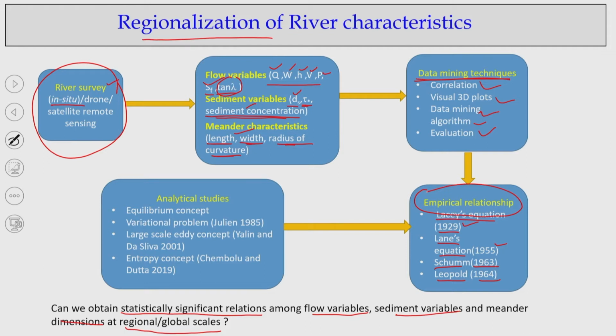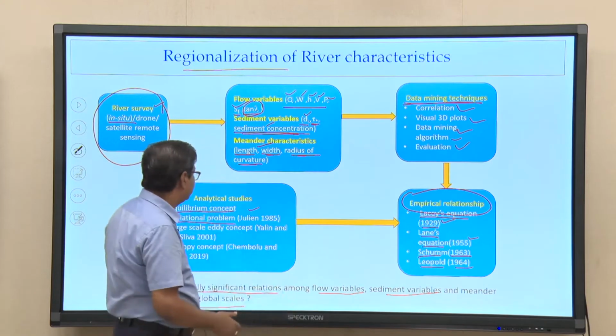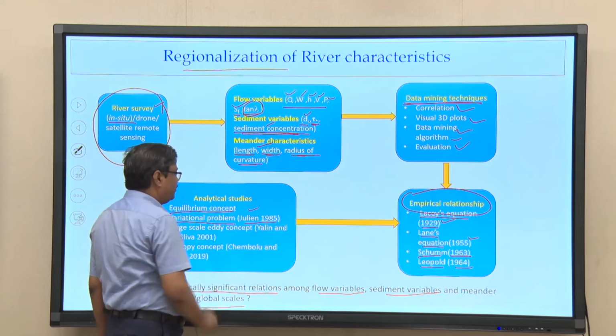If you look at that, this river behaves differently. There is an equilibrium concept, which is the Lane concept, and the Lacey equations concept will come. Variational problems are also there, they consider minimizing the energy dissipation concept, which follows through the variations, Yang 1985.